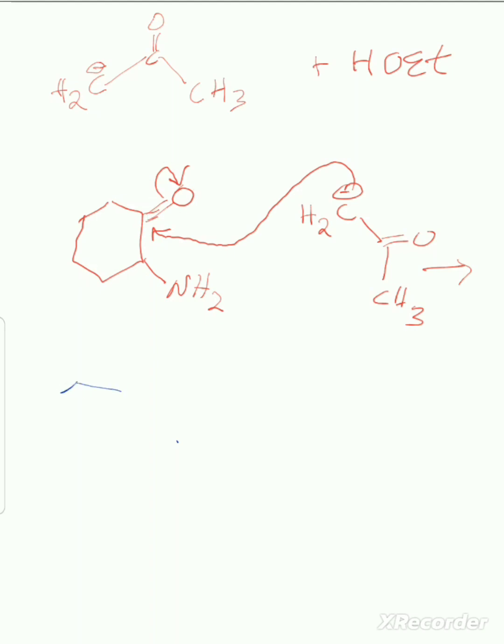Then I'm going to have something like this. Since it has opened, it will be negative like that. Then here it will be like this. This is CH2 here, which is here. Then here it will be like this.